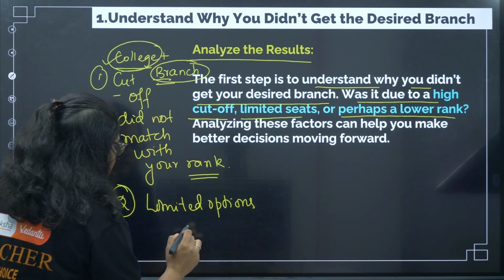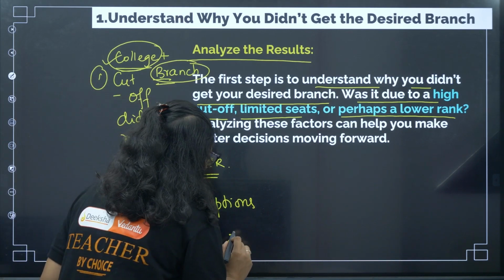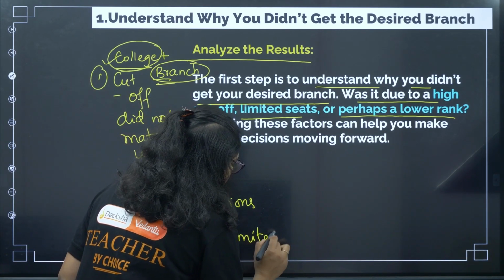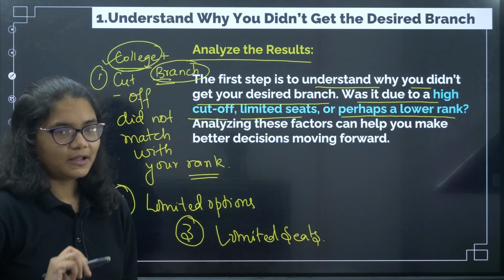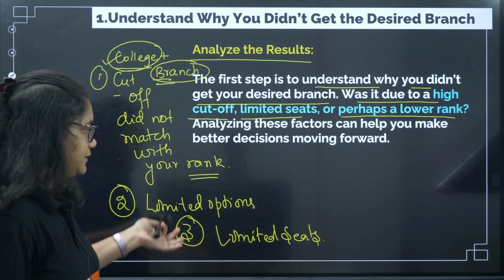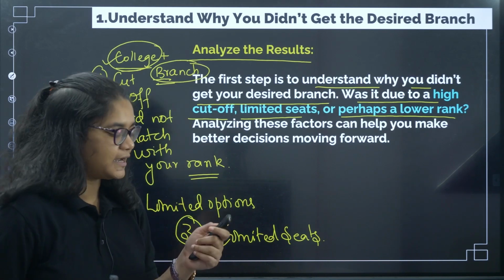And the third reason can be limited seats. In that particular college the number of seats for your desired branch is very limited. These can be the different reasons why you did not get your desired branch.